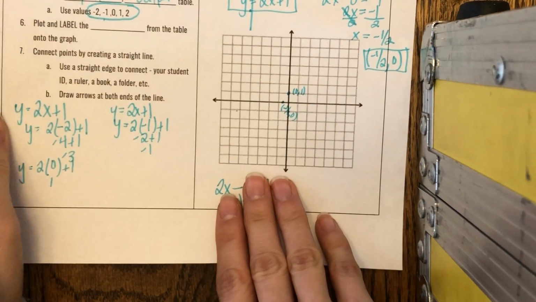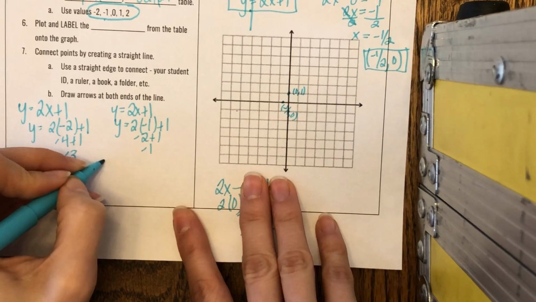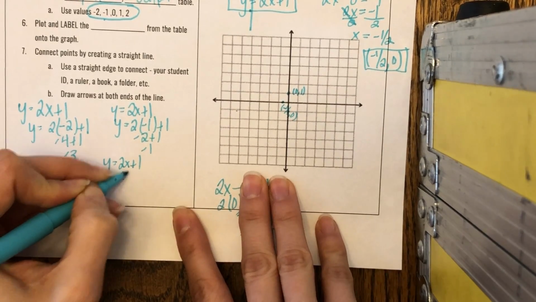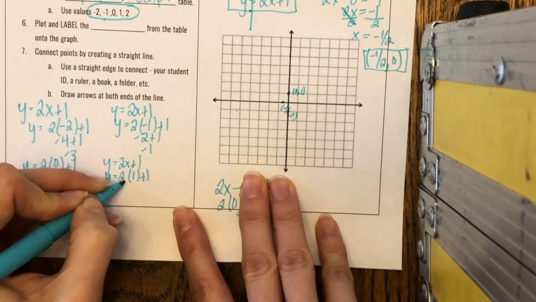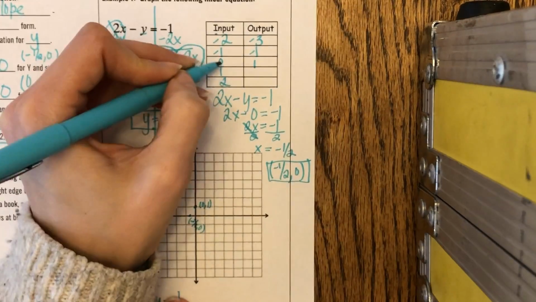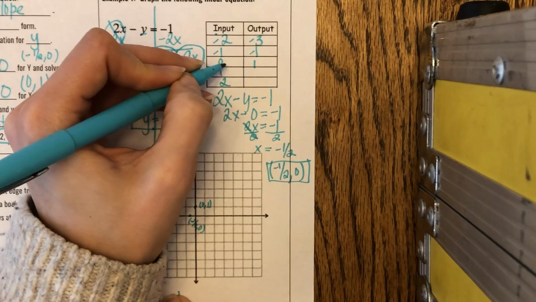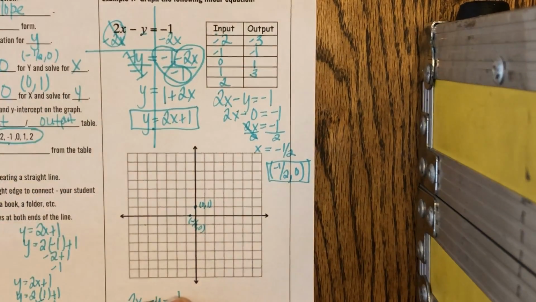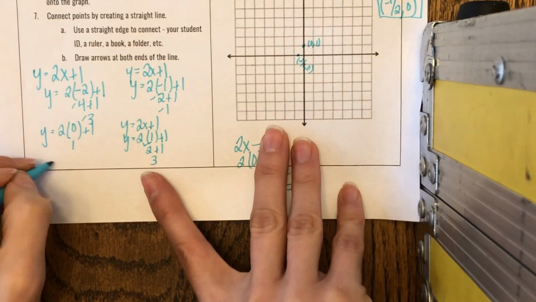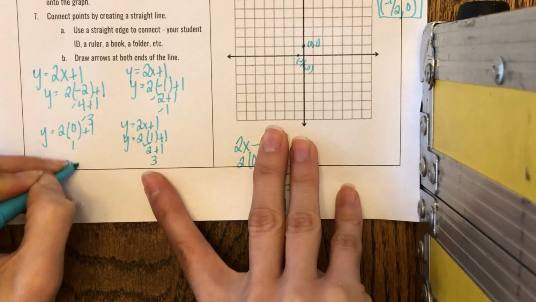And let's keep going. I've got 2 more left to do. So y equals 2x plus 1. Y equals 2 times the quantity 1 plus 1. 2 times 1 is 2 plus 1 is 3. So then if I go up to my input-output table, I've got 1 here and then a 3 there. Last one, so close. Y equals 2x plus 1.